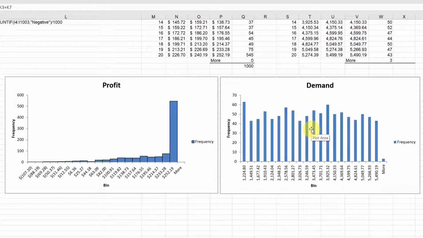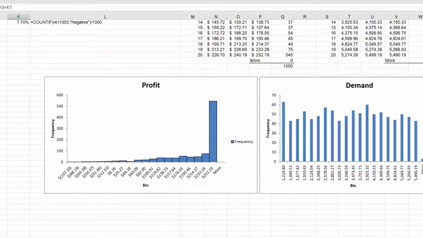But it just goes to show that your output variable may or may not parallel the distribution of one of your input variables. And in particular, if you've got multiple random variables, say a uniform and a discrete and a normal and a triangular, you've got all those input random variable distributions, you really have to look at your output variable that you're concerned with to understand how to interpret the results.